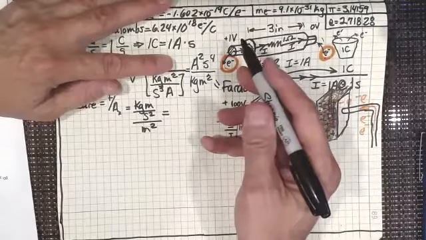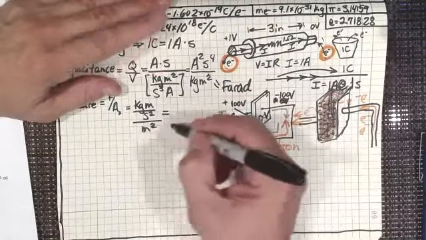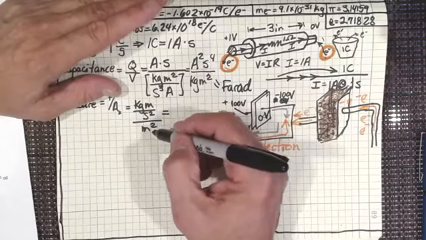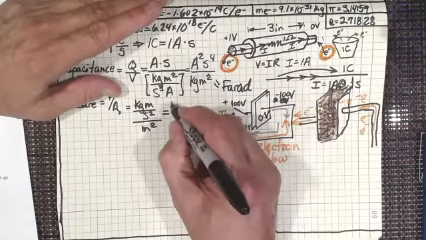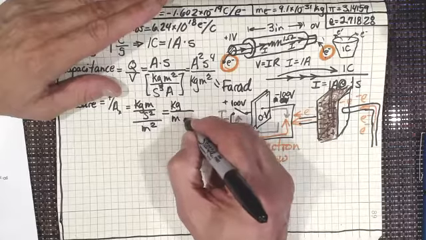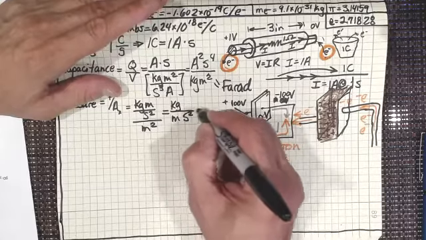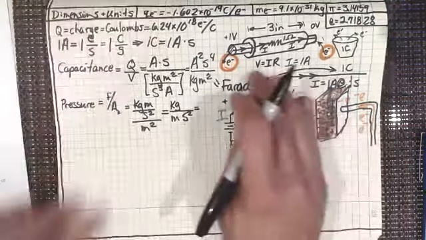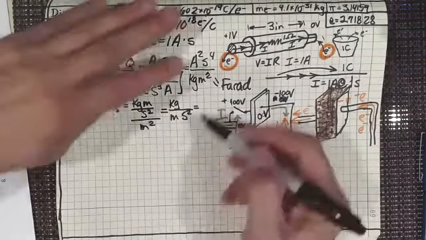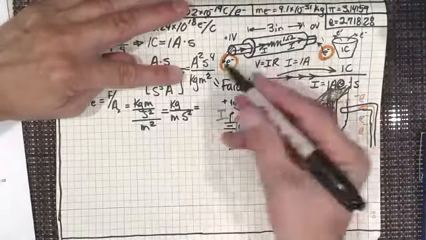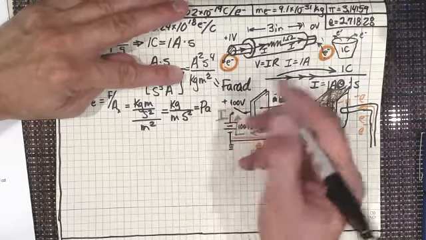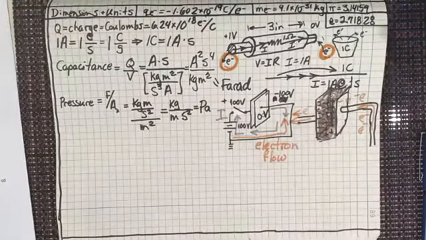Getting a little bit ahead of myself. If we multiply the numerator by the reciprocal of the denominator, what we end up getting is a kilogram per meter second squared. And we actually have a nickname for that unit. It's called the Pascal, and we usually write it as Pa for pascals.